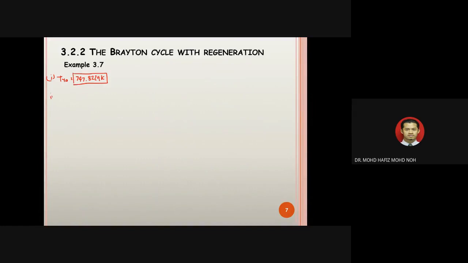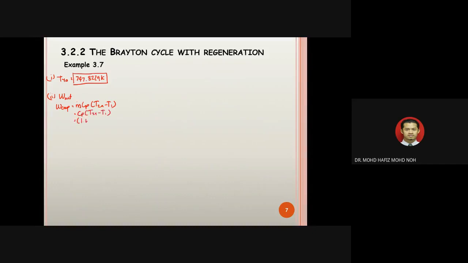And then question number 2, they require you to calculate the value of W net. So W net is W turbine minus W compressor. So you have to calculate the value of W compressor first. M dot Cp (T2 actual minus T1), so Cp (T2 actual minus T1).